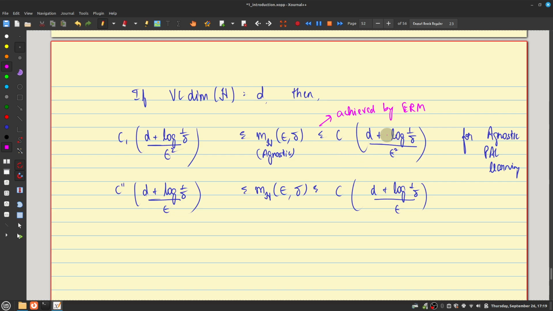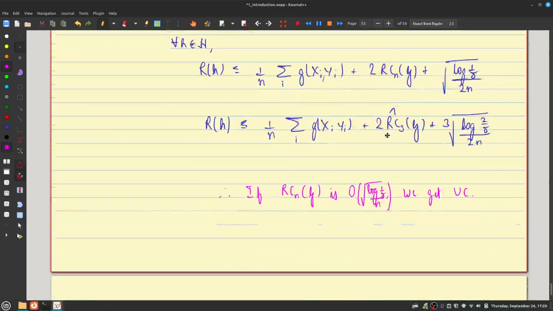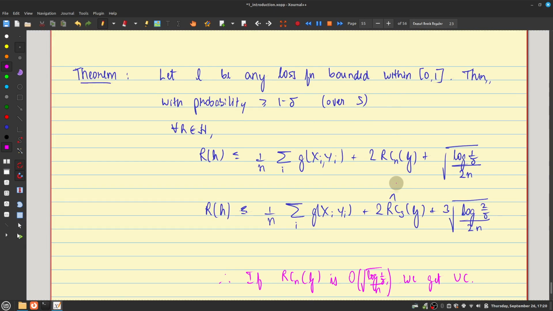I'm not just interested in the fact that it is PAC-learnable, but I also want a handle on the sample complexity itself. So if I get a loose bound on that, then I don't get a tight bound on the sample complexity. That's the only reason. So effectively, all I require for PAC-learnability is that this Rademacher complexity decays with n. That's enough. You're right.